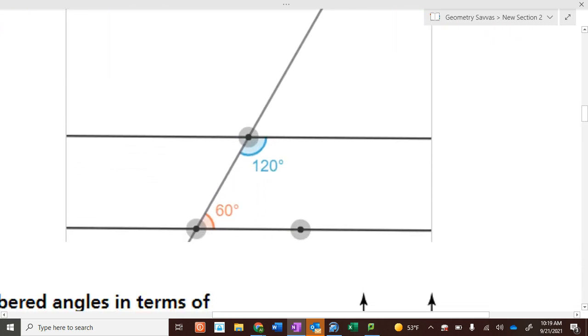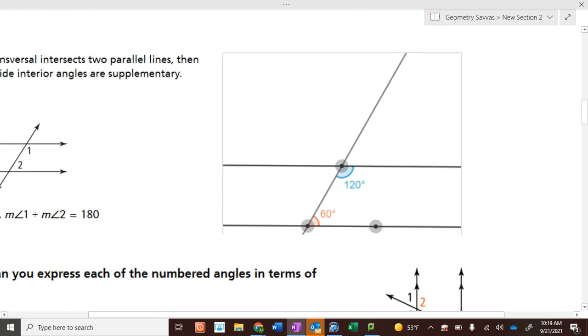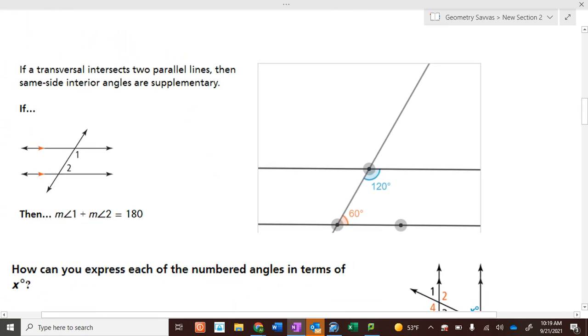All right. Next thing that's happening. Okay? Besides congruent angles, we also have supplementary angles that we talk about in here. So, if two things are to the interior, inside of the two parallel lines, and they're on the same side of the transversal, they're not congruent, but they're supplementary.